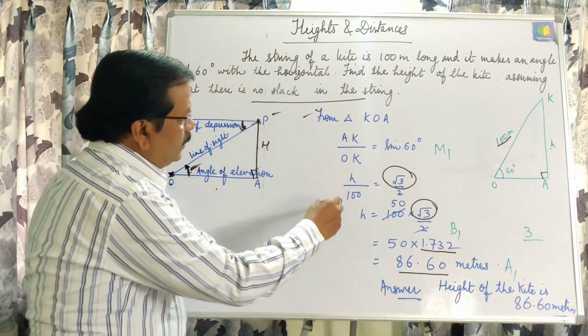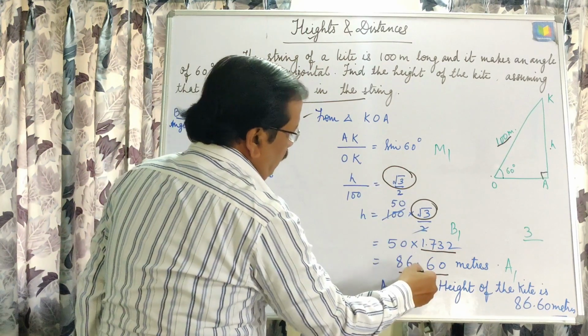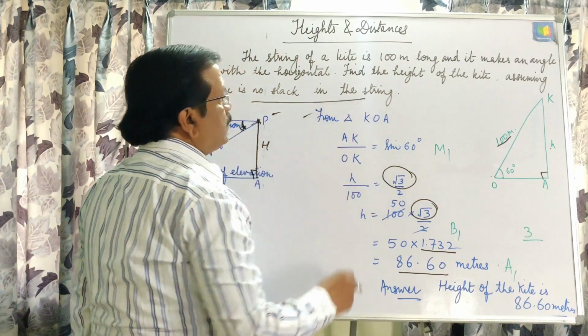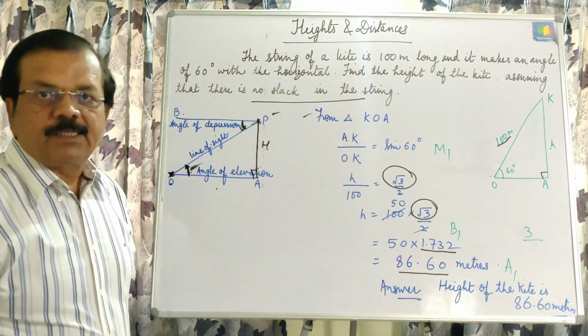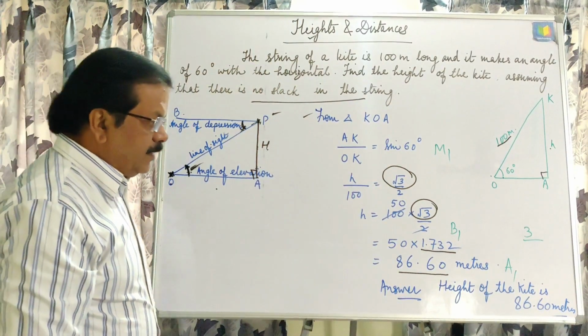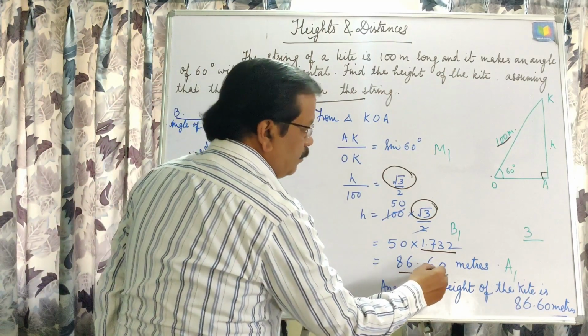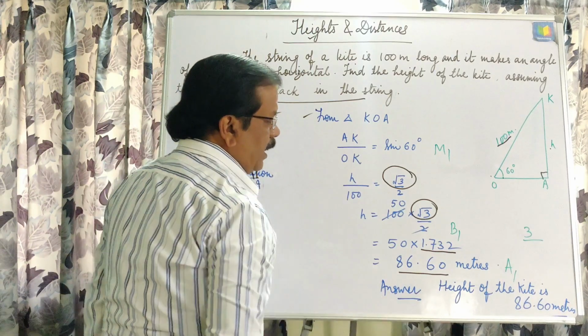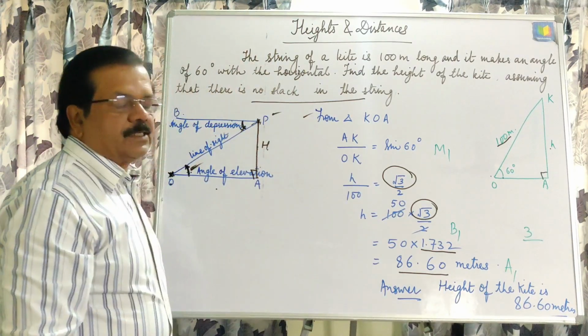Now you can see here, after calculating we are getting 86.60. We are not asked whether this is to 2 places or 1 place, and that is why we must write up to 2 places in such a case. So the answer, the height of the kite, is 86.60.